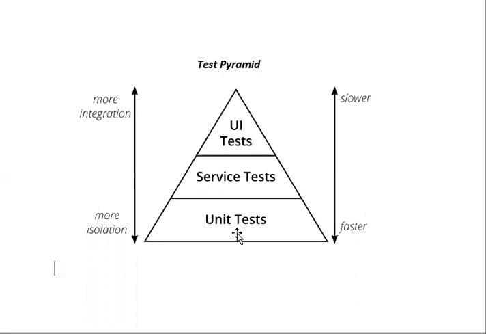So what does this testing pyramid mean? It's an approach in the form of a pyramid, and it really helps to create high quality software or a high quality product. We can refer to it as a testing pyramid or test automation pyramid.